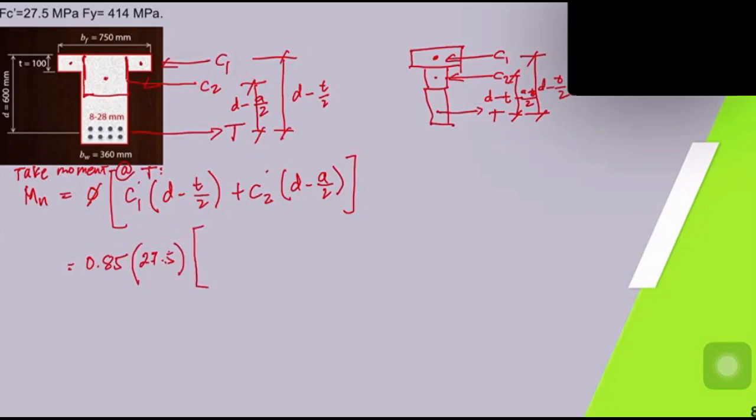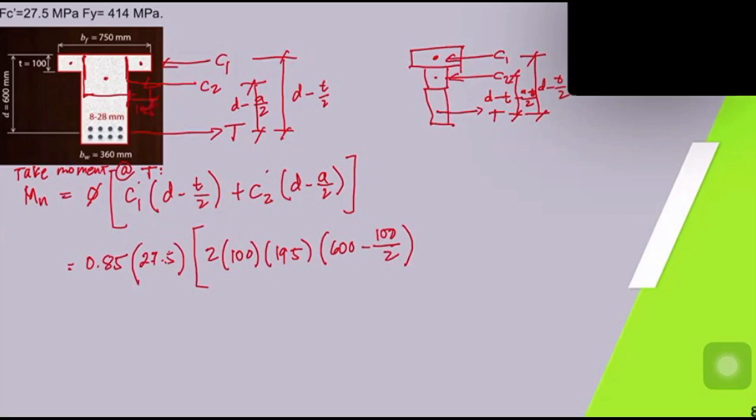So meron tayong dalawang 100 by 195 multiplied by the moment arm 600 minus 100 over 2. Ito yung 195.